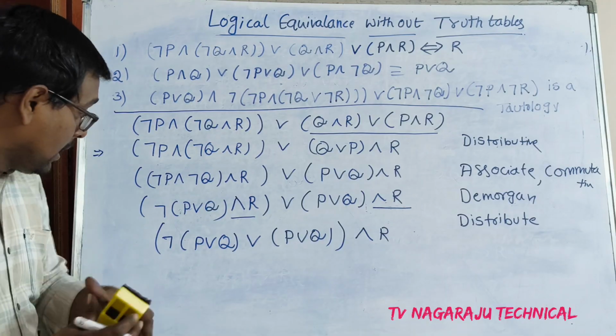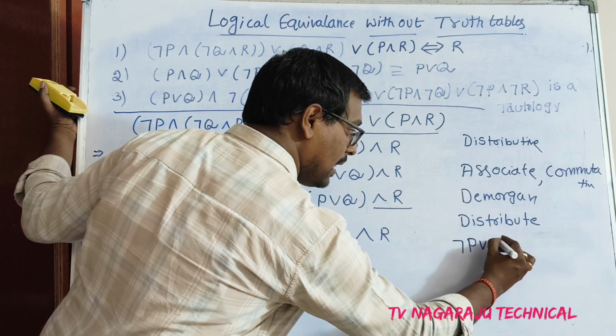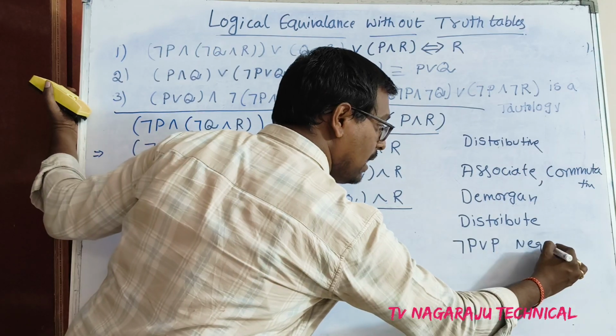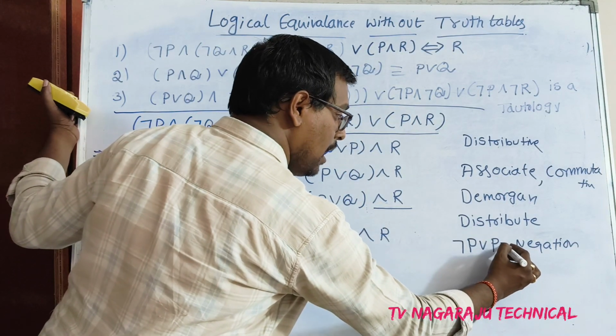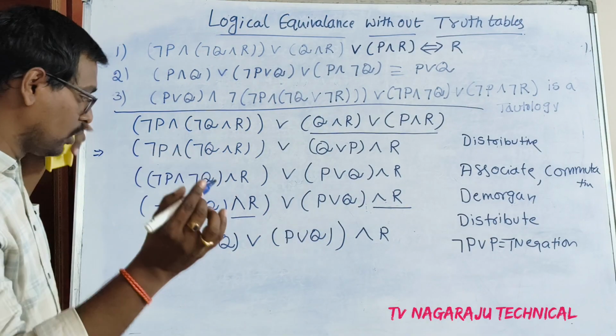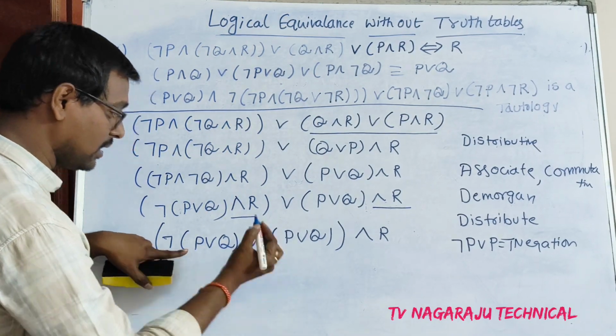Next we have here, if you observe, negation P or negation P, we have a negation law. What is negation P or negation P? Always that is a tautology. So the result is a tautology.